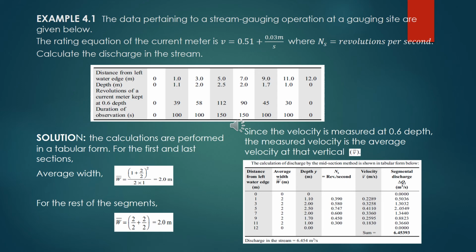Since the velocity is measured at 0.6 depth, the measured velocity is the average velocity at that vertical. So the discharge in the stream equals 6.454 meter cube per second.